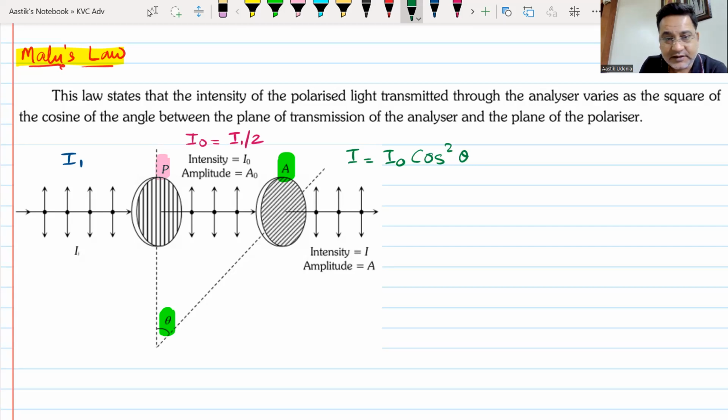Yes. I'll give you a minute. If I talk about the amplitude of the light after the analyzer, what will be the relation between amplitudes? If I call the amplitude of this light A naught, and the amplitude of this light A1, can you tell me the value of A naught in terms of A1?